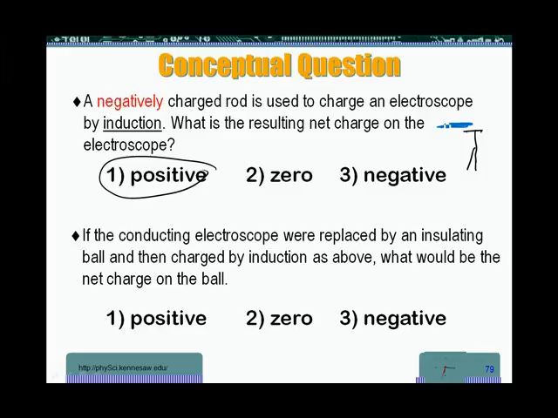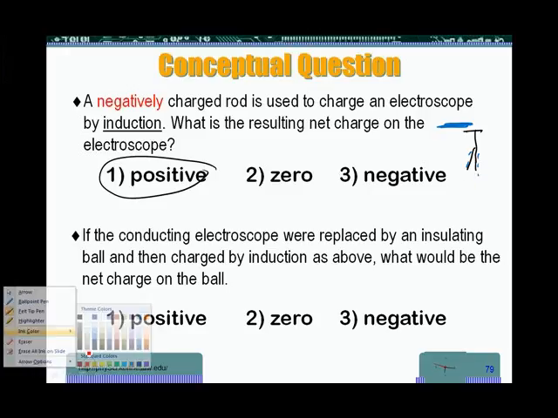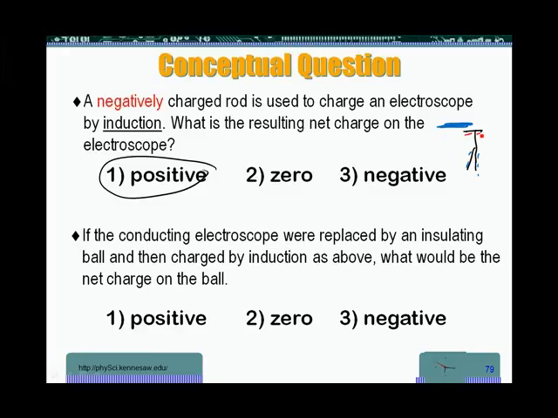So what's that going to do? What that's going to do is move negative charges here, and then leave the top somewhat bare of negative charges, so it's kind of positively charged.